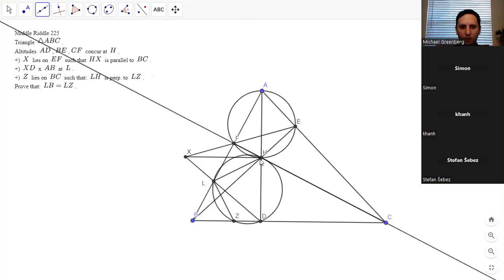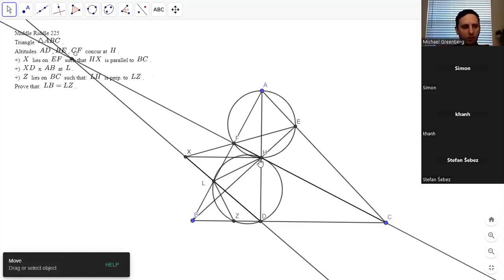That is what we need to prove. Yes. And you project that cross ratio through F onto AC, and that's basically it.